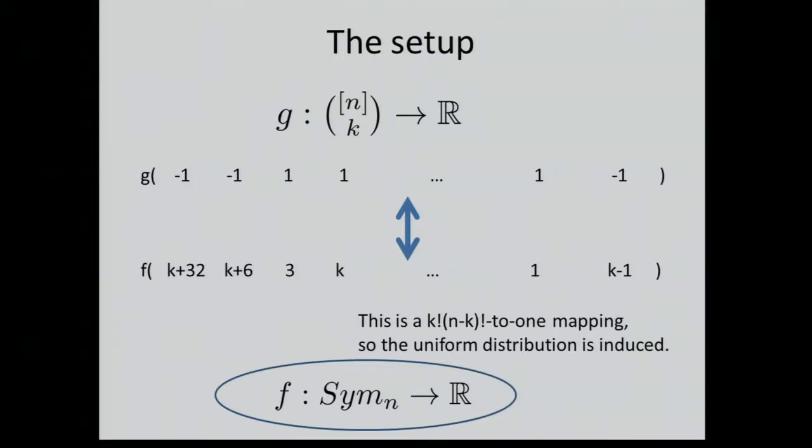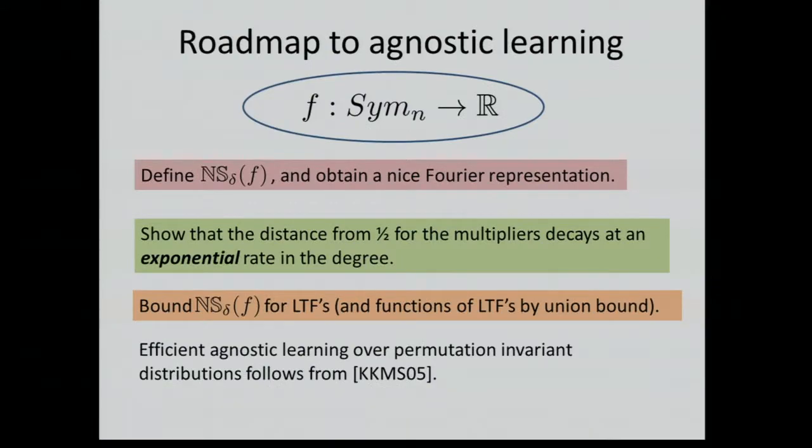We want to learn some functions in this space. And so here's our roadmap using the same colors for things that we had before. And if we have time, we will go through all three of these things. If we can do these three things, then we will have agnostic learning in this case. So we're going to define what we mean by noise sensitivity, and we'll get a nice Fourier representation.